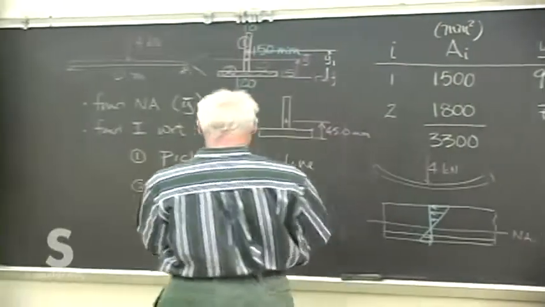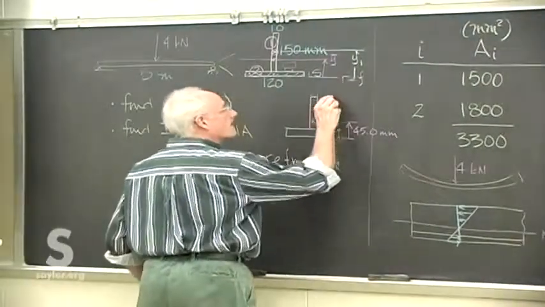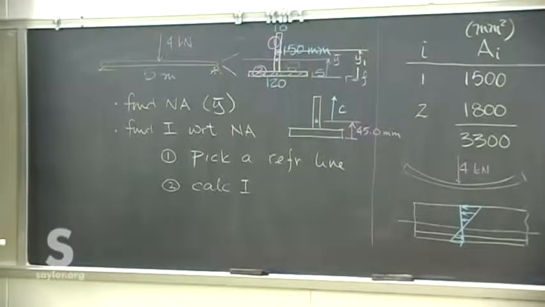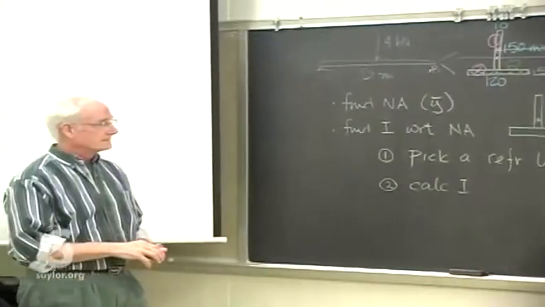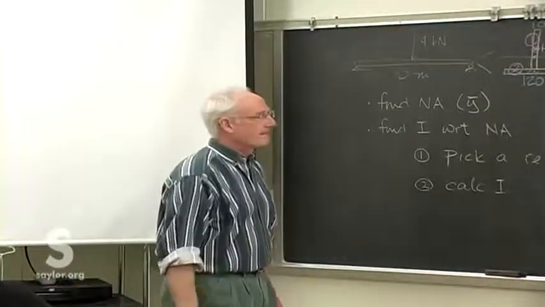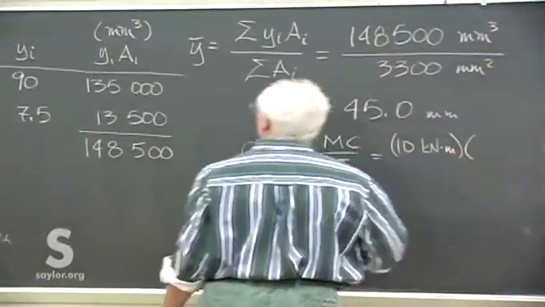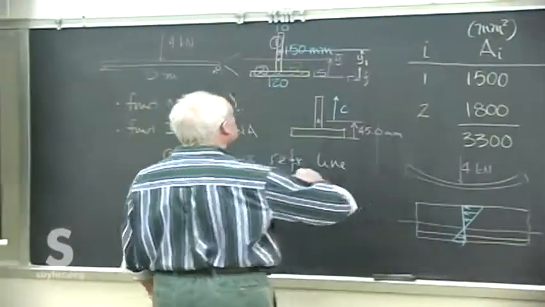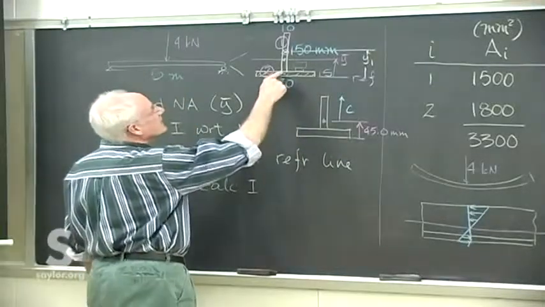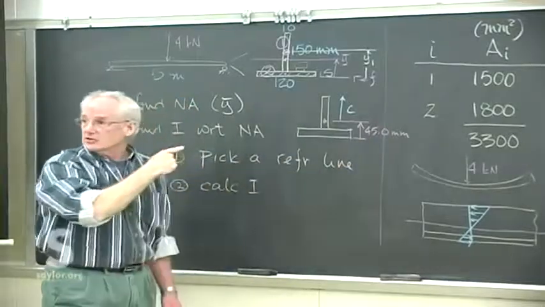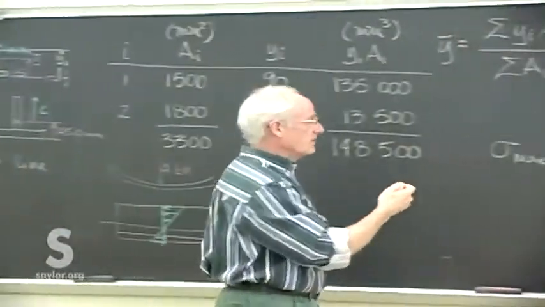So C is going to be that distance because that's the greater distance away from the neutral axis. So there's greater stress at the top of this beam than there is at the bottom. Let's see, what is that? We got 165 minus 45, so that's 120 millimeters.